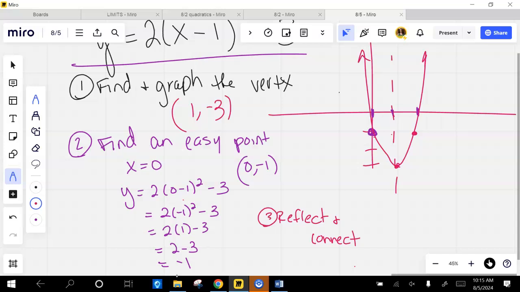What do you think about vertex form? Easy? It's a lot easier than standard, right? Okay. Finley's good now. Finley, are you scared to talk?